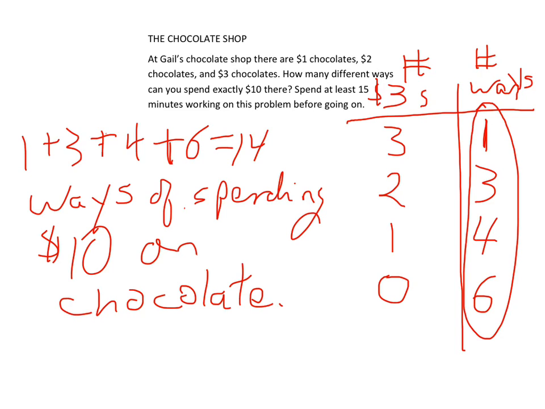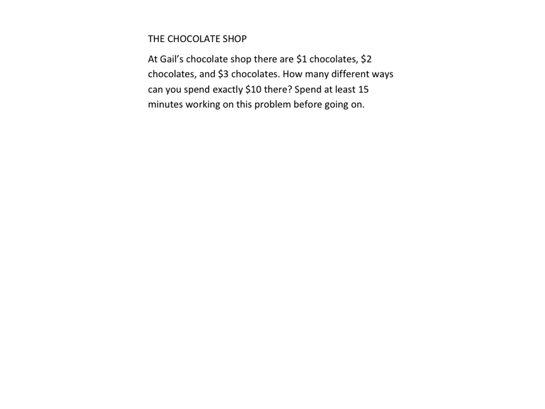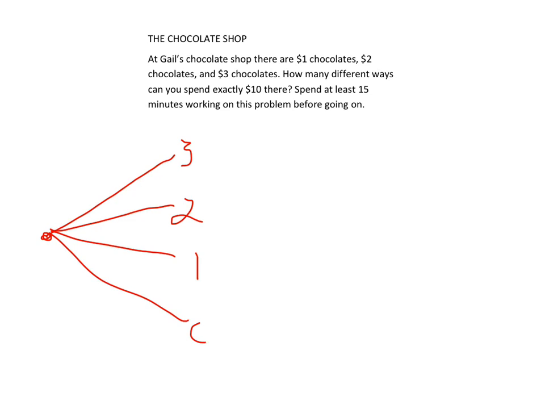By the way, there's another way we could do this problem. I didn't do it this way in part because there wasn't room on my little slate here, but another way of doing it is with what's called a tree diagram, where we start here, and then the number of $3 chocolates we buy could be 3, 2, 1, or 0.